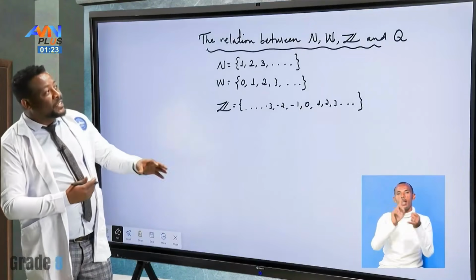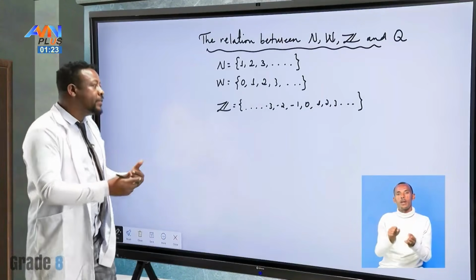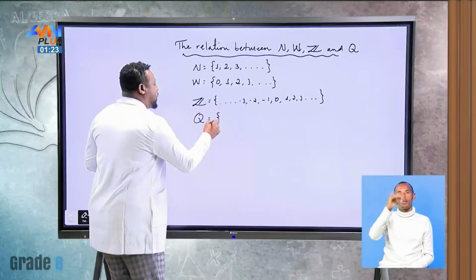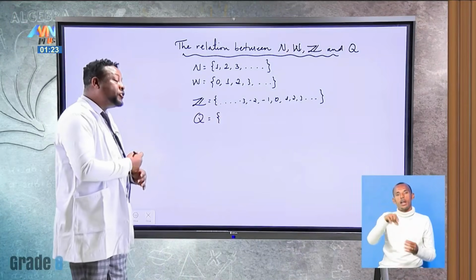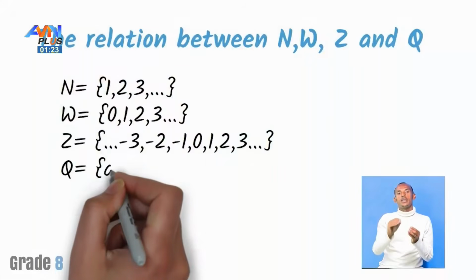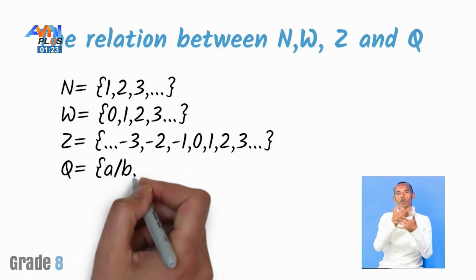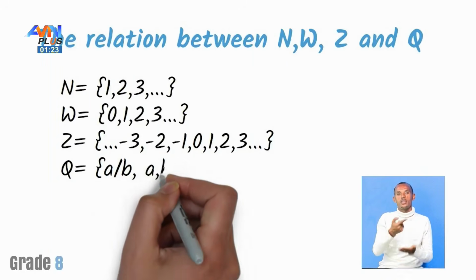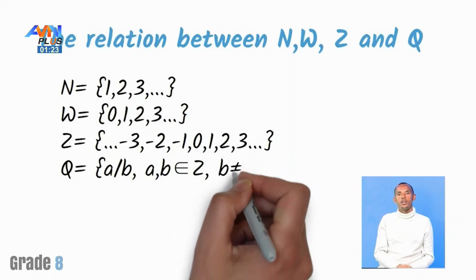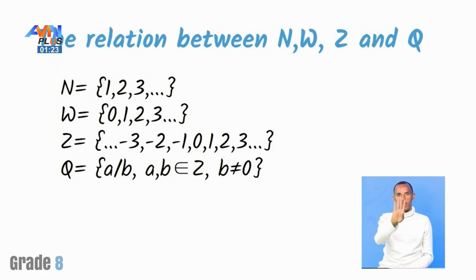The last set of numbers that we have here is rational numbers. The set of rational numbers is a collection of numbers having the form A over B, where A and B are elements of integers, right? And this B should be different from 0.